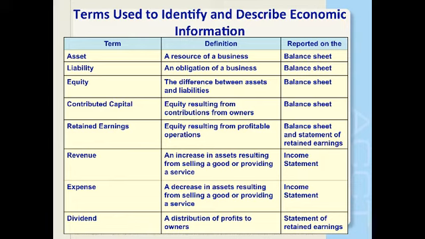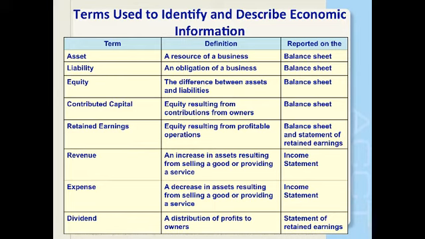The retained earnings is equity resulting from profitable operations. It's found 2 places, on the balance sheet and the statement of retained earnings. Revenue is an increase in the assets or a resource of the company resulting from selling a good or providing a service. It is found on the income statement.